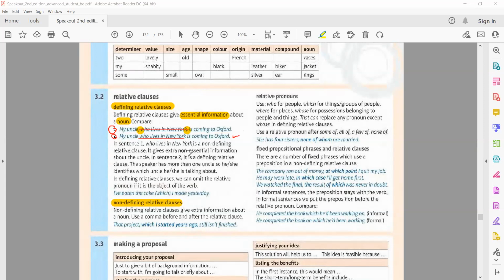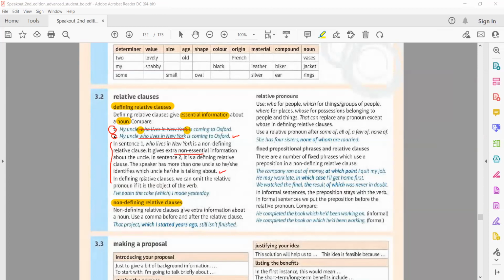And that's all what relative clauses are about. You can see here they're explaining the same again. In sentence one, it is a non-defining relative clause. It gives extra non-essential information about the uncle. However, in sentence two it's a defining relative clause. The speaker has more than one uncle, or he or she identifies which uncle he or she is talking about.